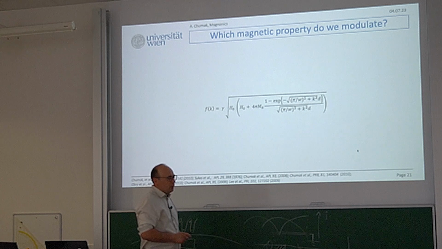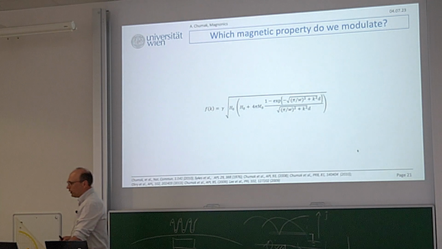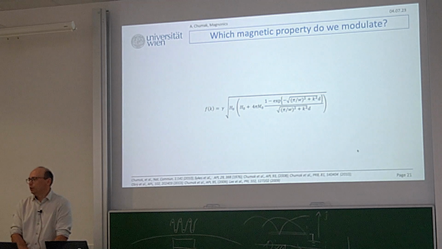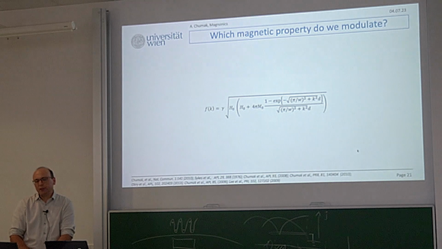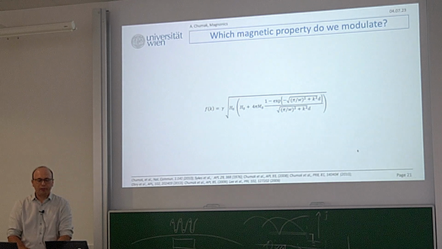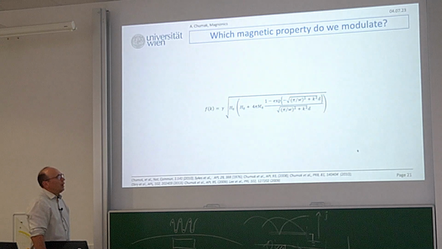If you work with photonic crystals, then most likely you modulate, and you want to create a photonic crystal; in photonics you will modulate the refractive index, simply silicon oxide, and then you make holes, and the refractive index of air will be different than in silicon oxide, and so on.